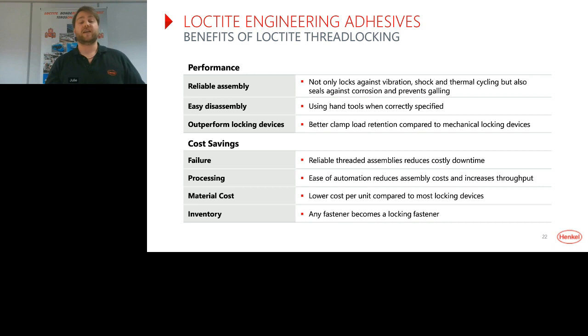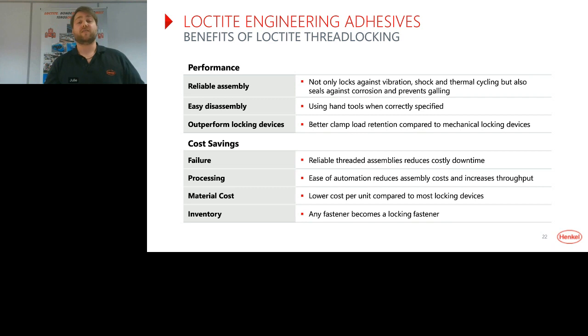The second section is for cost-saving benefits using Loctite thread lockers. We reduce failures, offering reliable threaded assemblies and reducing costly downtime and warranty claims. We can also offer reduced processing, greater ease of automation and assembly, which can speed up production rates and throughput. We can also reduce material costs.